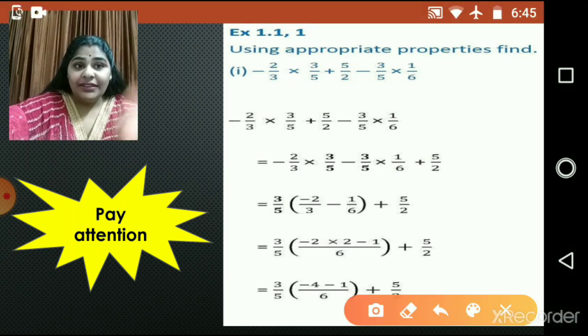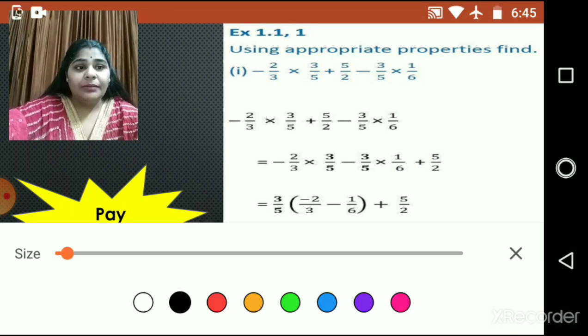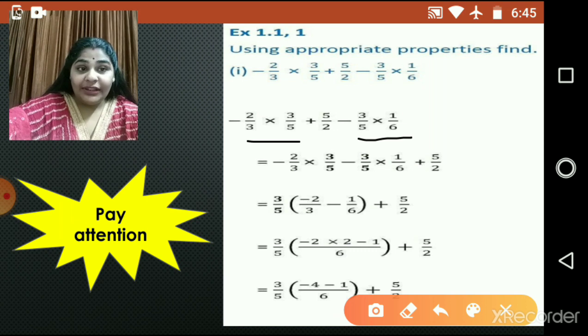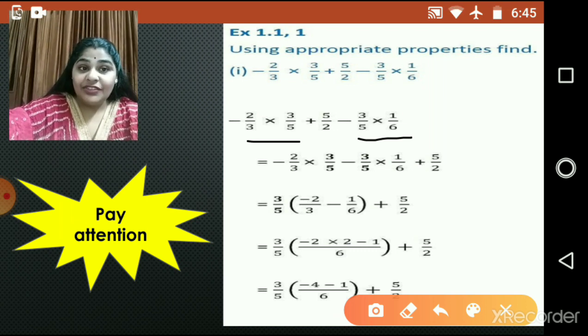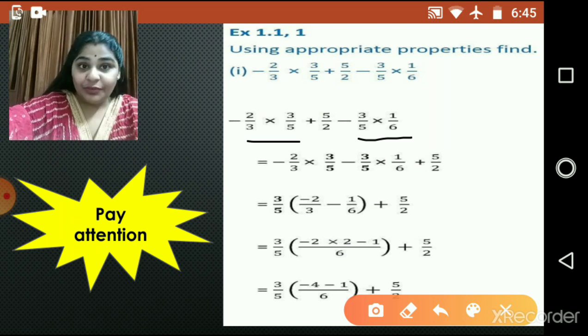Now, if you see, here there is one multiplication. I'll take a black color. And here also there is one multiplication, that is a product I can see. Now, rational number products we can directly solve, but when it comes to addition and subtraction, children, the denominators should be the same. This we know, right?